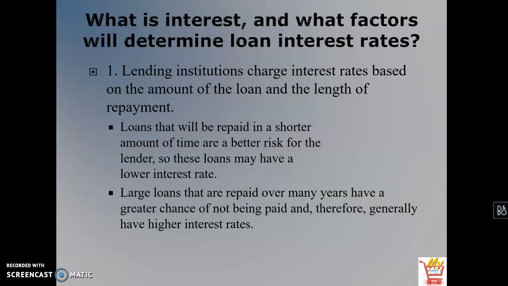There's less chance of default, so typically the lender will give you a lower APR, whereas a loan that is stretched out over a longer period of time, the payment terms are longer, odds are you're probably going to get a higher APR because the lending institution views that as a higher risk. The longer it takes them to get their money back, the higher risk they view of not getting that money recouped from you. So typically, longer term loans will have a higher APR.